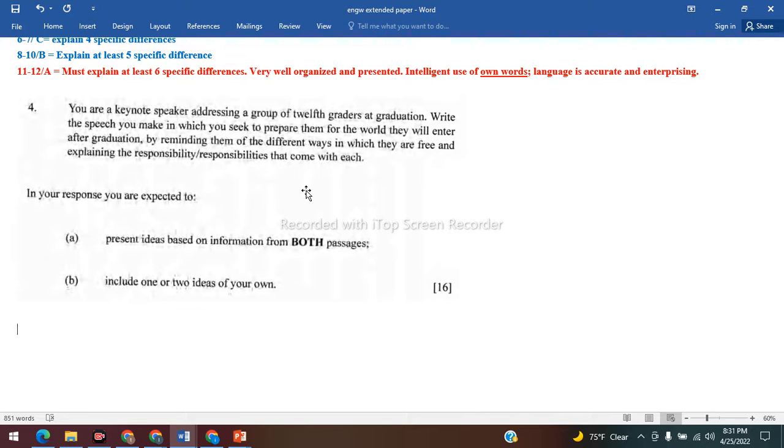From passage 1, what would you tell the grade 12 students, something that they could learn from? Not that you're going to tell them passage 1, but something that stands out to you that you think would be relevant for 12th graders when you think about passage 1.